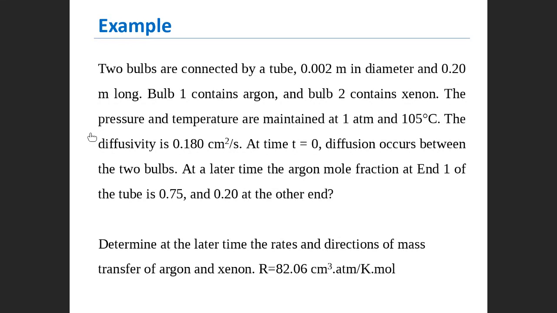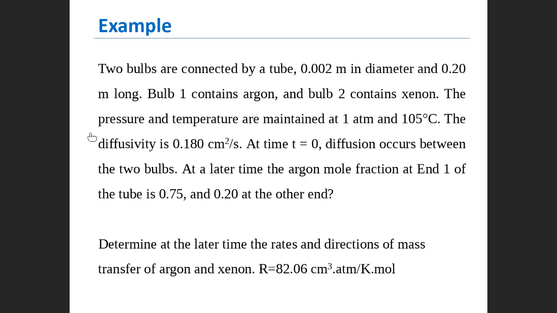Bulb 1 contains argon and bulb 2 contains xenon. Both of them are inert. The pressure and temperature are maintained at 1 atmosphere and 105 degrees centigrade. The diffusivity is 0.18 centimeters squared per second.